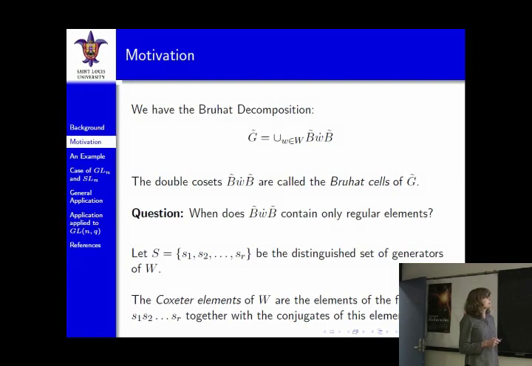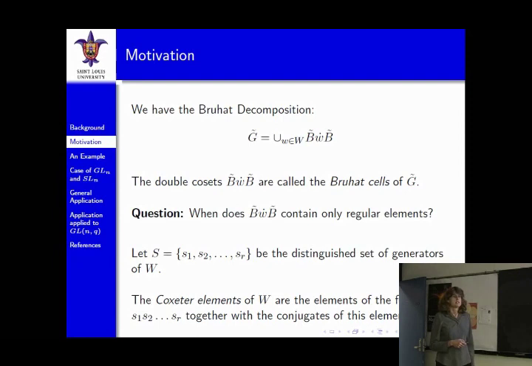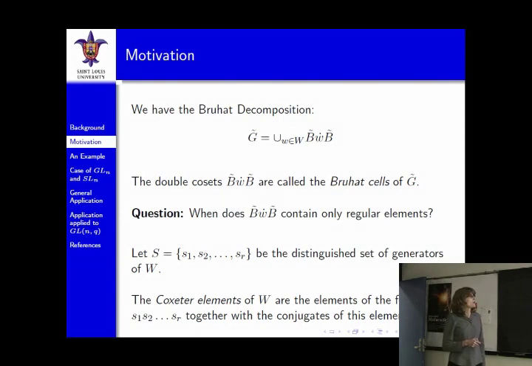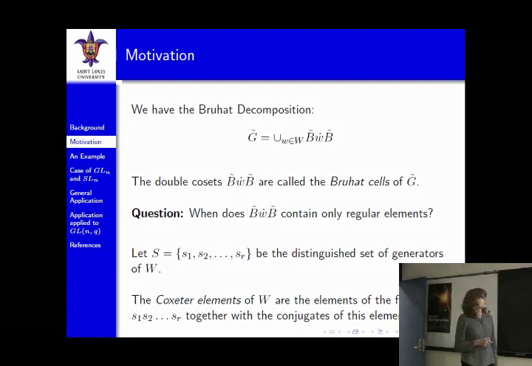These double cosets are called the Bruhat cells. This is leading up to the title of my talk. We have a Bruhat cell here. What I want to know is, when do these Bruhat cells contain only regular elements?